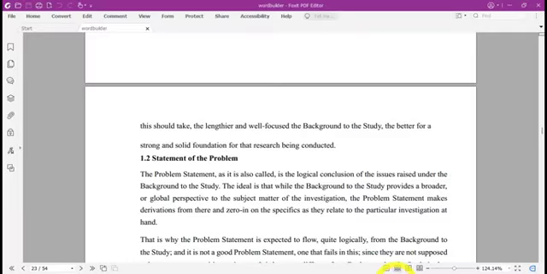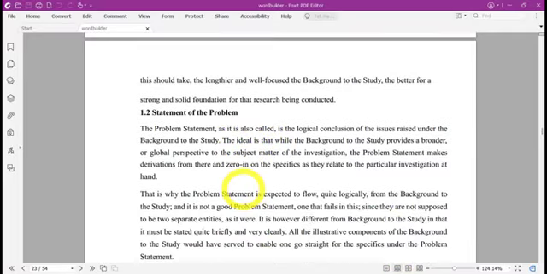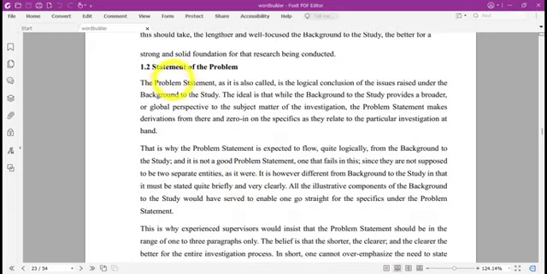The problem statement, as it is also called, is the logical conclusion of the issues raised under the background to the study. When you're doing the background, there are certain issues that will be raised there.